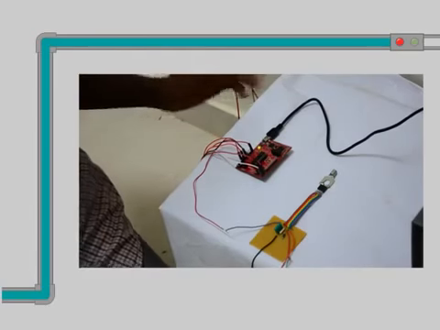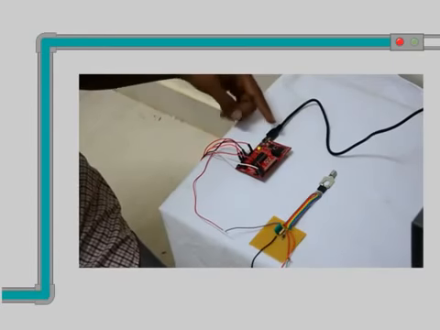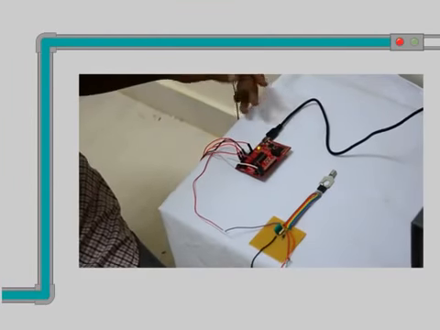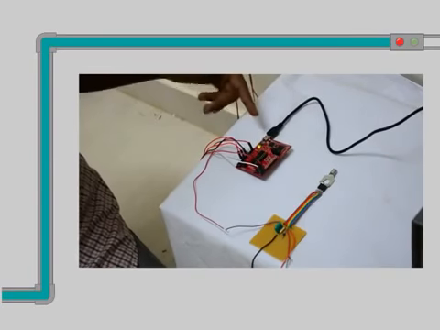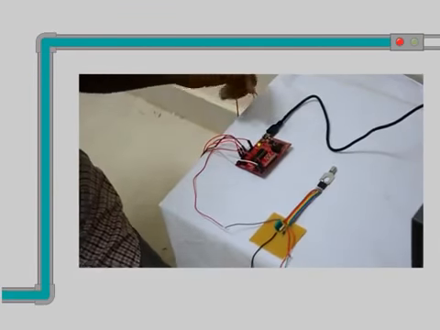The circuit connection goes like this, where the MSP430 provided by Texas Instruments acts as the core of our system, to which the temperature sensor, ultrasonic sensor, as well as the solenoid valve driver are connected.